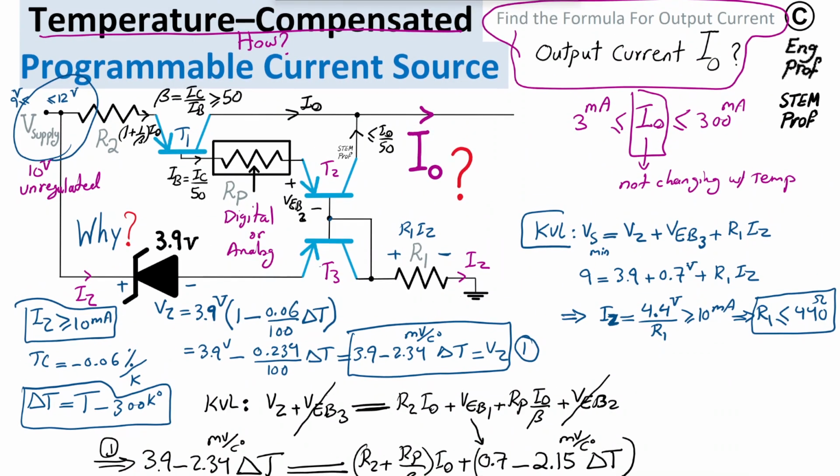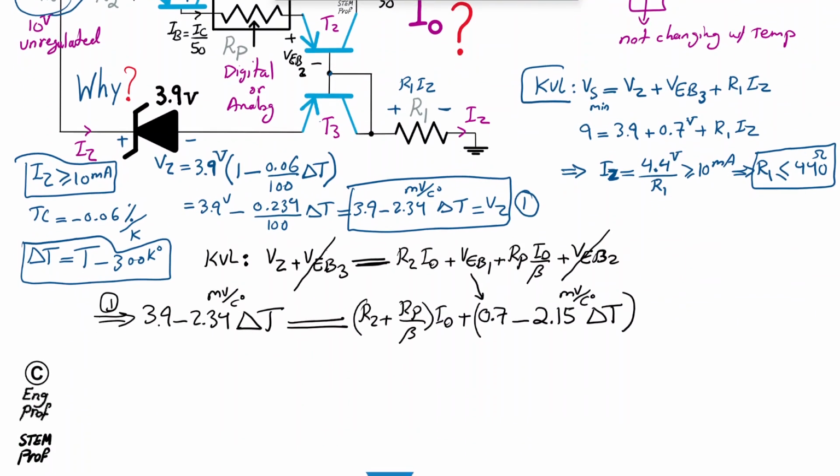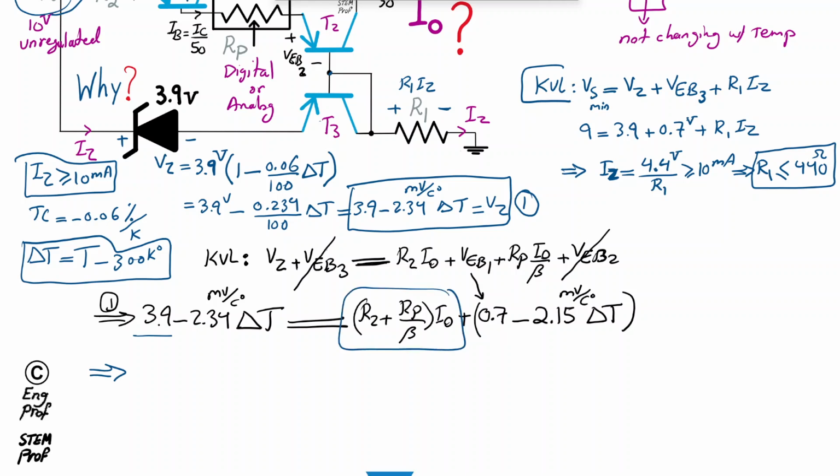In this example, we make the assumption that thermally the Zener diode and the matched PNP transistors are just properly connected to each other. Now, the whole idea is almost clear. So if I just nicely rewrite this whole thing, we have 3.9 and then we have minus 0.7. So I'm going to just keep this component on the right side. I'm going to move this component to the left side.